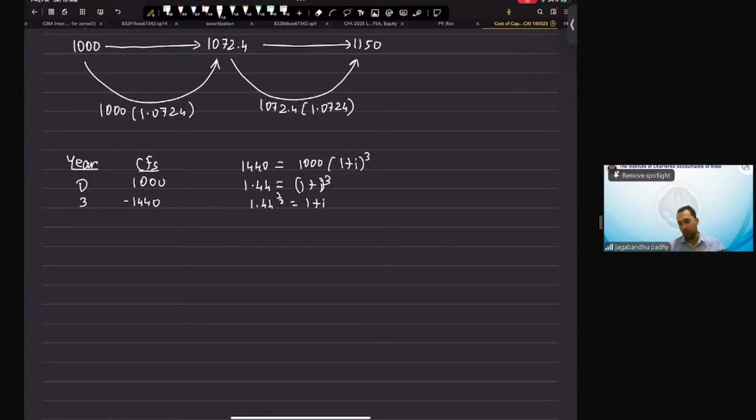Cube root of 1.44, how much is it, guys? 1.095. You need to get the cube root of this.